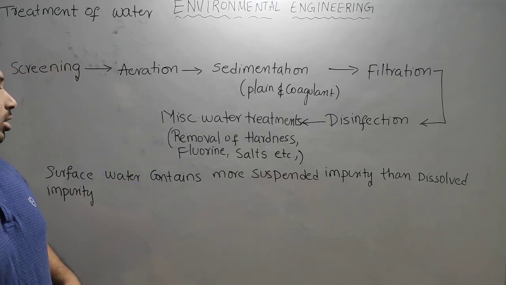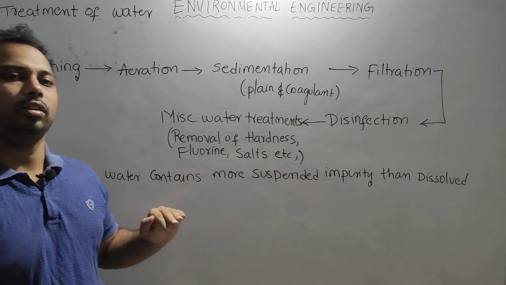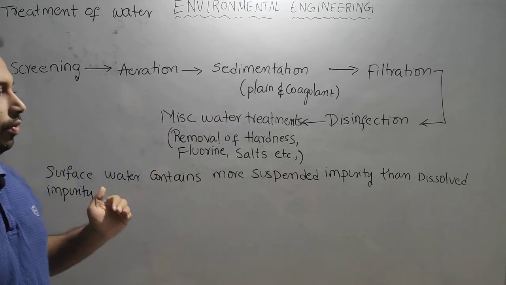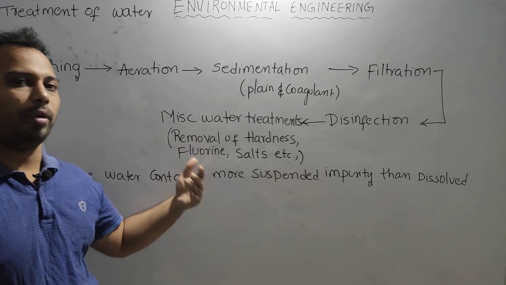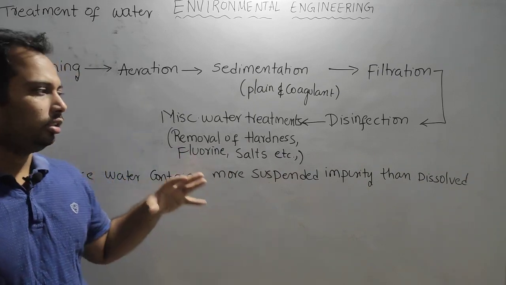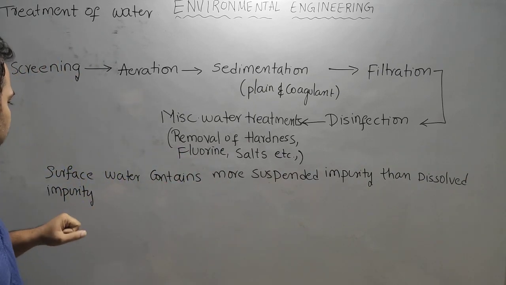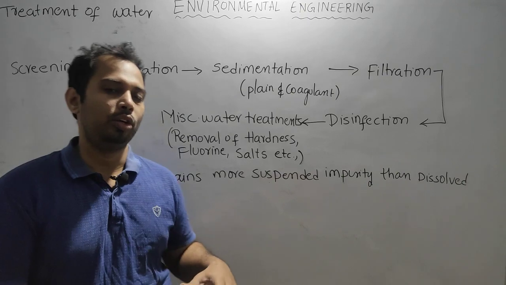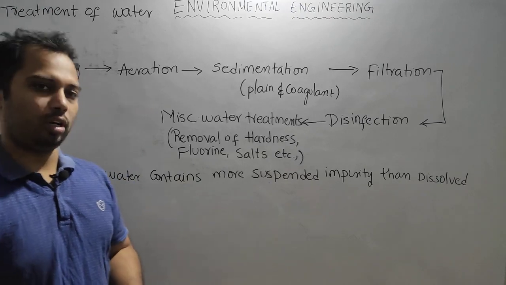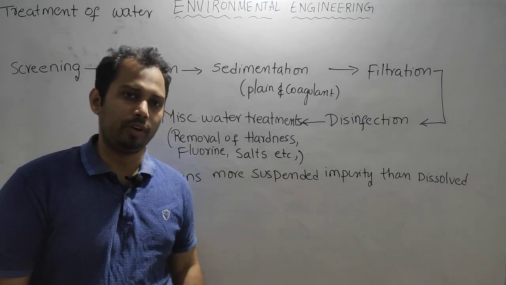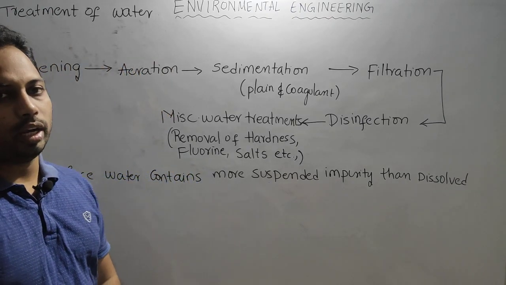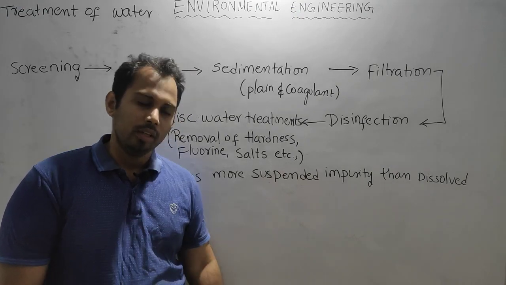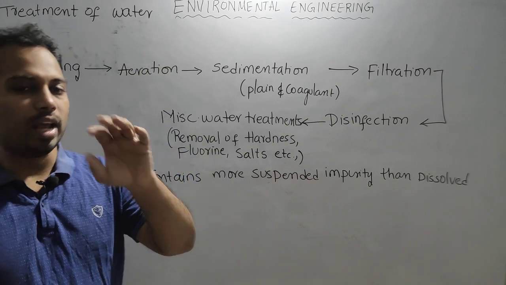Surface water is exposed to the environment, because of which these dissolved impurities will get neutralized. For example, CO3 2 minus is a dissolved impurity in water, present as H2CO3, an acid.